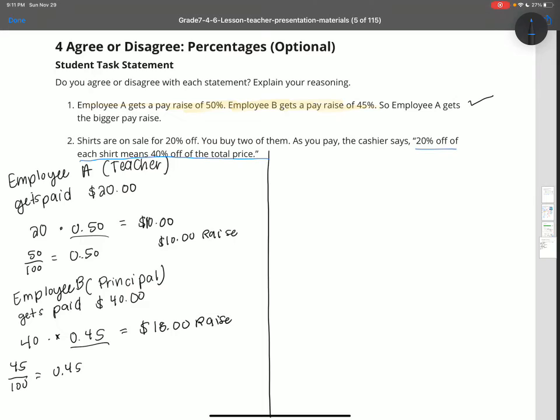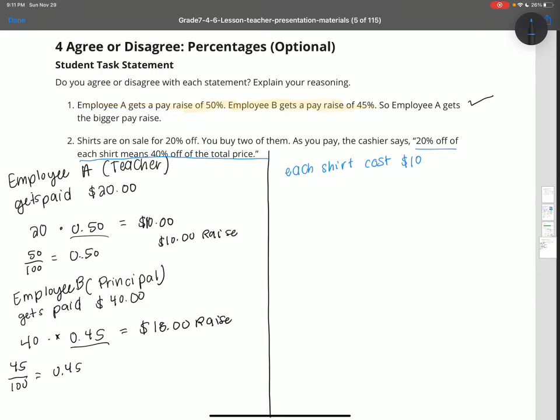Okay, so you bought 2 shirts. Let's say that each shirt costs $10. Just like I said, you could pick any number. So each shirt costs $10.